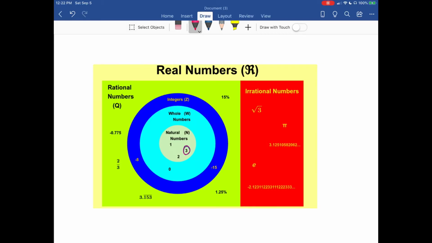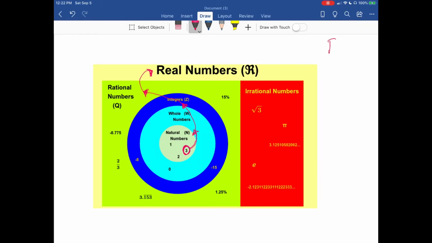We would identify that 3 belongs to the natural numbers because it satisfies that definition. 1, 2, 3. It's a counting number. And by default, if it's a natural number, it's already embraced in the whole number system. It belongs there. It's already embraced in the integer system. It belongs there because the set of integers includes natural numbers. And then it's also included as a rational number, which then makes it a real. So it would fall under all of those categories.